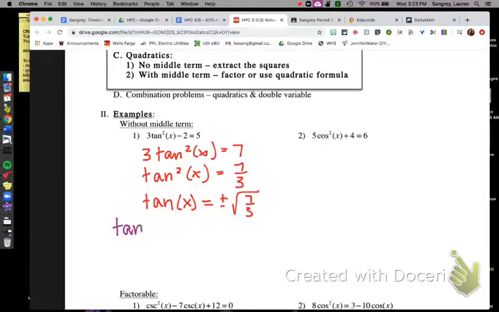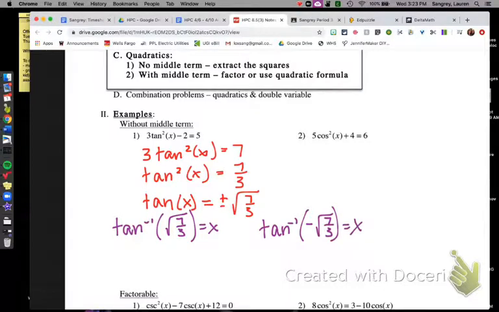So you have inverse tangent of positive root 7/3, and you have inverse tangent of negative root 7/3. So those go in the calculator, and you will get positive 0.99 and negative 0.99. So those are going to be your 2 answers for number 1.